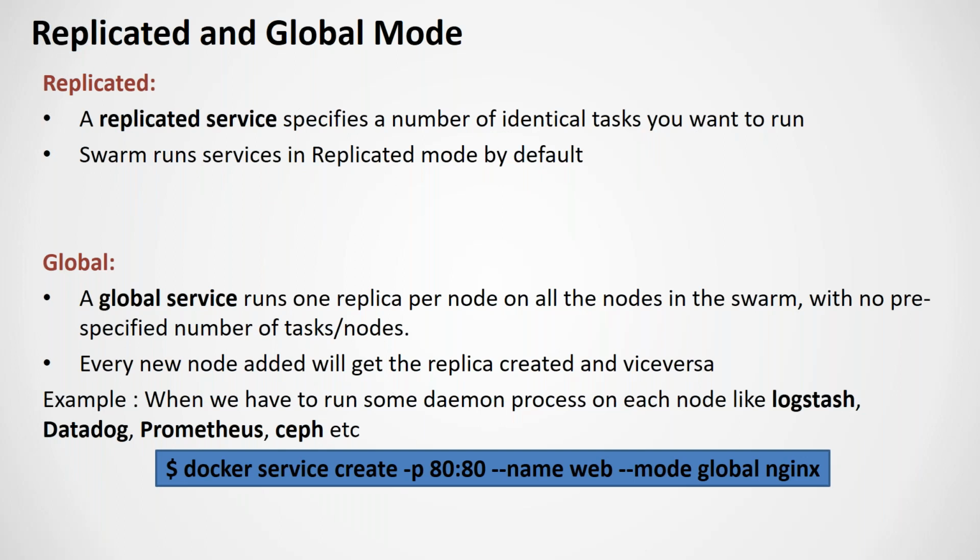But when you run it in global mode, I want a replica of this service to be running on all the worker machines available in the node. So when you run a service in global mode, it will try to run one replica on all the machines. If you have 10 workers, then in each worker one replica of the service will be running, so if you go back and say service ls, it will show 10. If you have 5 machines and you run a service in global mode, it will run 5 replicas, so the service will show 5 replicas.